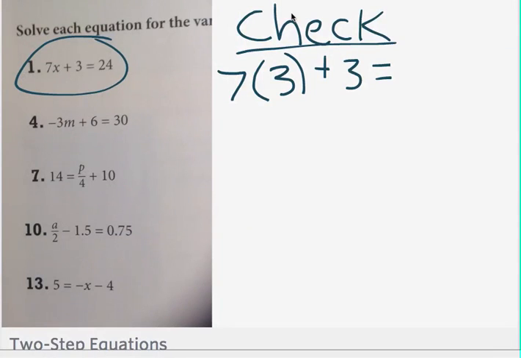So notice that this variable right here got replaced with this value. There used to be an x right there, and now we're replacing that x with what we think the answer is to check to see that it is correct.